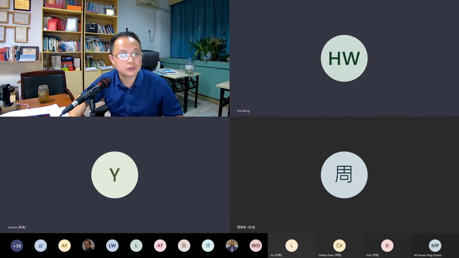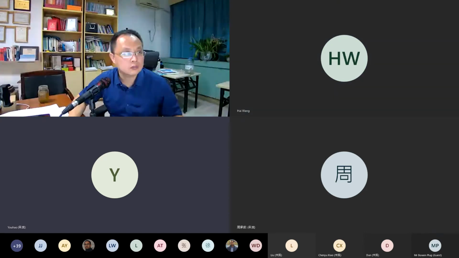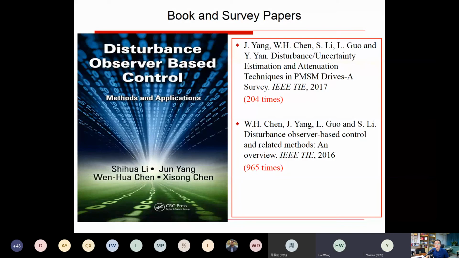Let me go back to the ADRC PPT file page. Wait a moment. Can you see the page? Yes, we can see it. You see the ADRC? No, now we can only see the book and survey papers page.